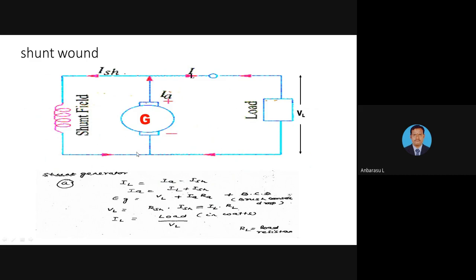The generated EMF in the armature winding is E equals V plus IA RA plus the brush contact drop. Also, VL equals VSH equals ISH into RSH.